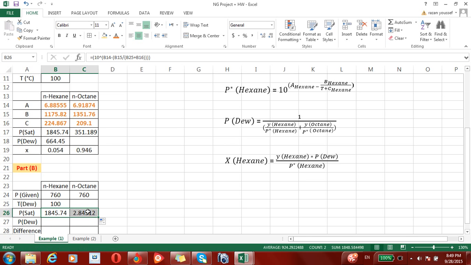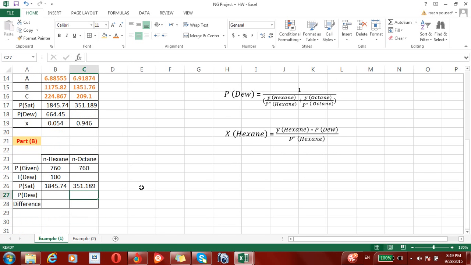Drag it and make sure that the right cells are selected for all of them. Of course, the temperature is not right. Here we go. Now it's perfect.